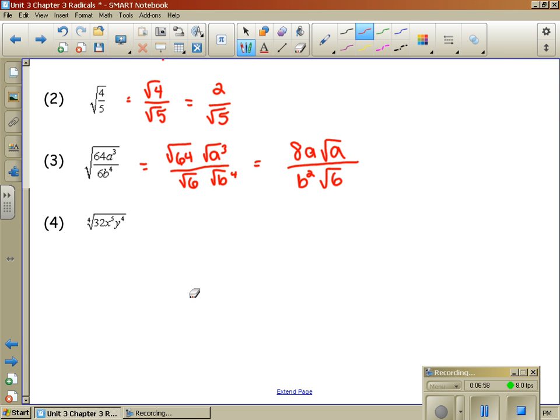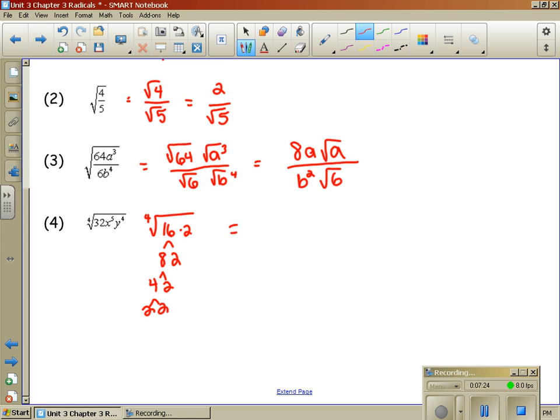And the last one, 4th root, sorry. So it's the 4th root, so we have to have groups of 4. So 32 breaks down to 16 and 2. I'm ignoring the variables for a moment. And 16 breaks down to 8 and 2, and 8 breaks down to 4 and 2, and 4 breaks down to 2 and 2.